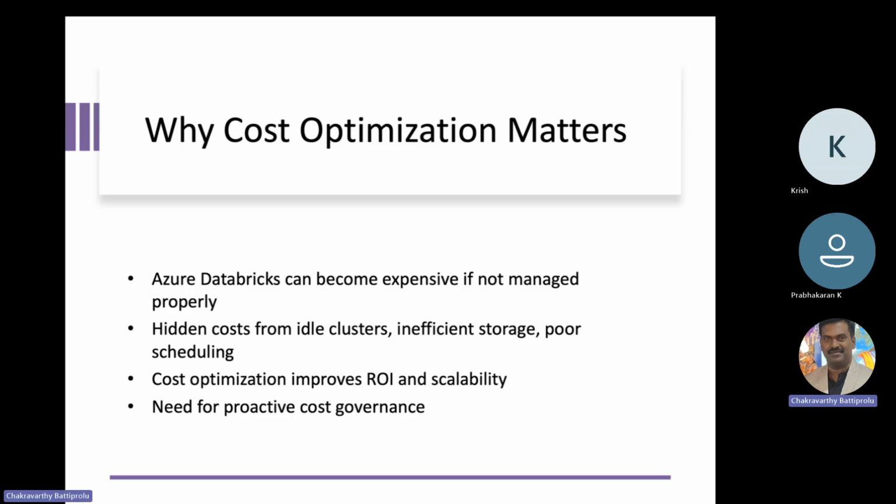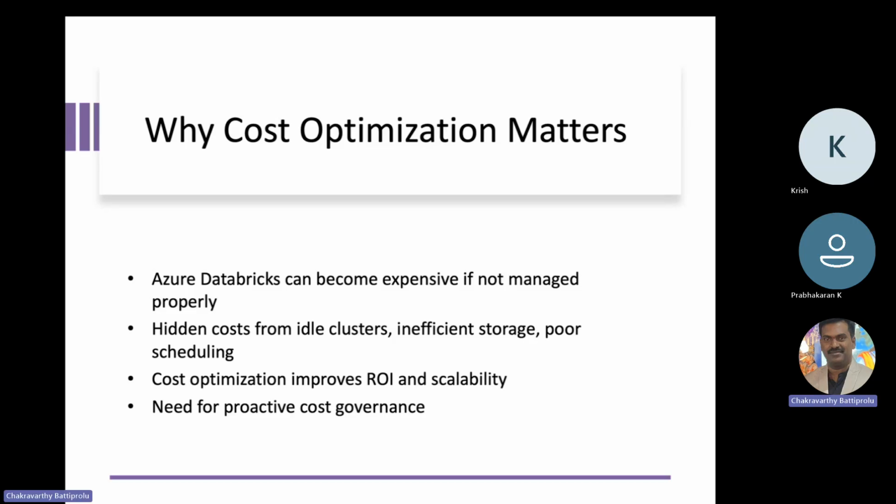All the customers need to have proactive cost governance. That means it's a continuous process. Cost optimization is not a one-time activity, like how we design and deploy. This is not only for Azure Databricks.